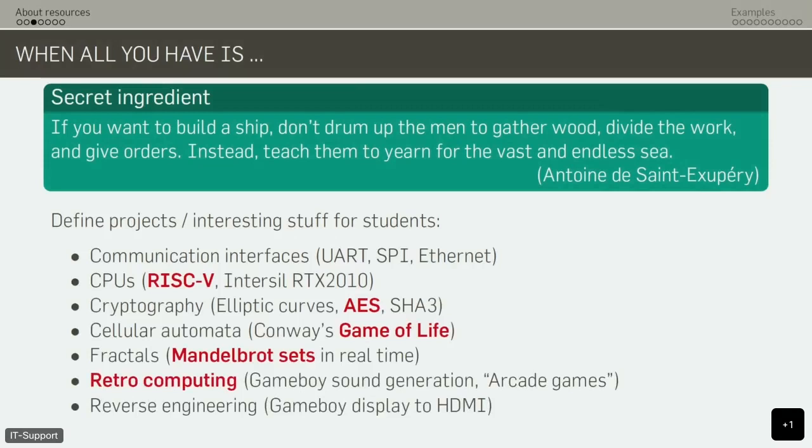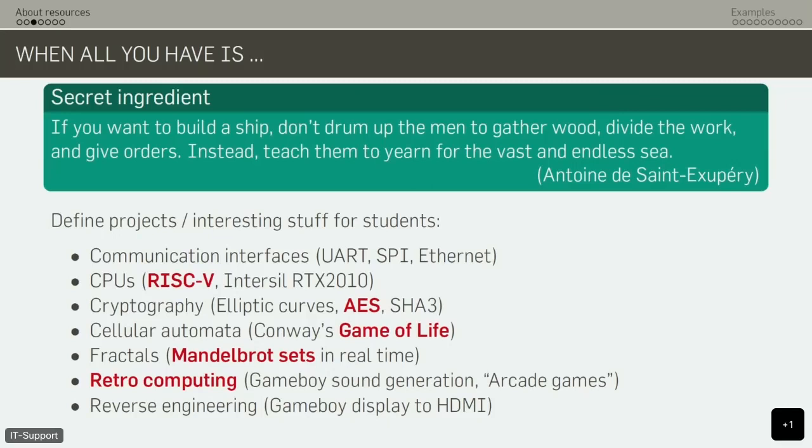Cryptography, because I come from cryptography: elliptic curves and AES and SHA-3, and we built some cellular automata and fractals and retrocomputing, and we reverse engineered the Game Boy display interface and transformed it to HDMI. So they were able to play Game Boy games on a very big display. It was a funny project for them. And this is a way to attract students to hardware design.